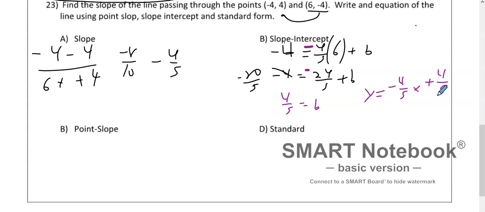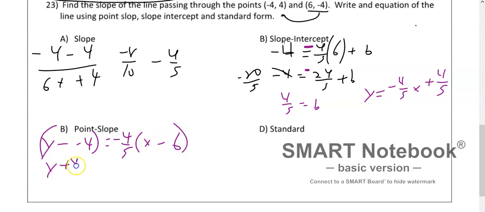My point slope form, I can take either point. I'm just going to take the same one I've been using. So y minus my y, which is negative 4, equals m, negative 4 fifths, x minus 6. So that simplifies to y plus 4 equals negative 4 fifths, x minus 6.